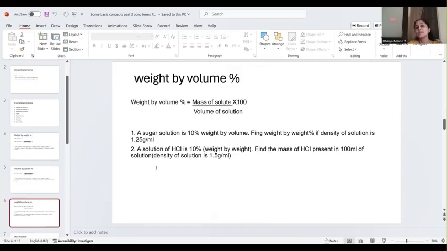And this is very important, a lot of questions come from this part. This is the formula. I'll just show it on the whiteboard too. Please take a screenshot of the question so that we will do it directly.